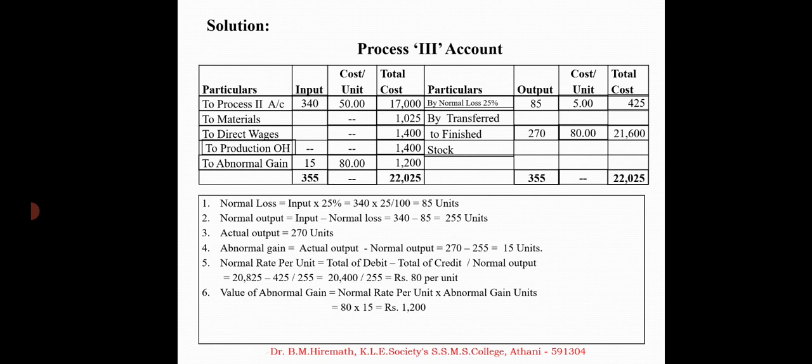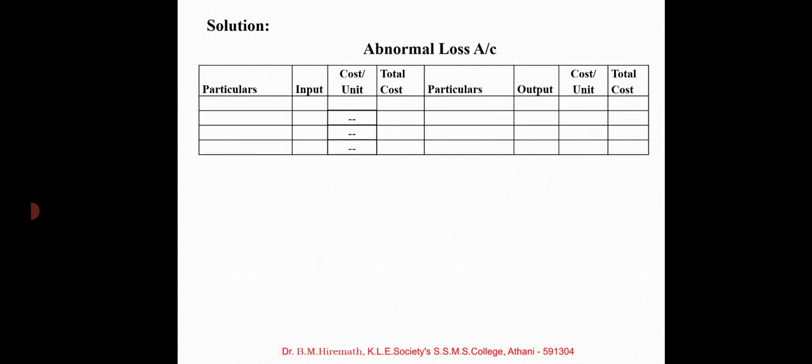Now we need to draw 3 more accounts, of which number 1 is abnormal loss account, number 2 is abnormal gain account, and number 3 is finished stock account. As you know, in process 2 we have abnormal loss, which we recorded in the process 2 account credited by abnormal loss account.